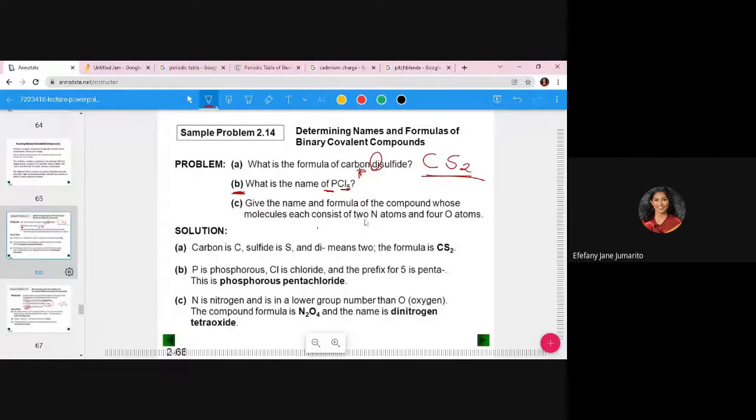So 2, and 4 oxygen atoms. And when we have 2 nitrogen, dinitrogen, tetraoxide. Okay, very good.